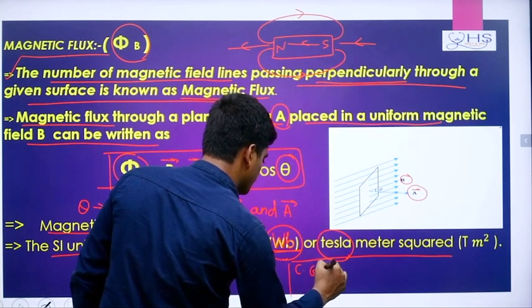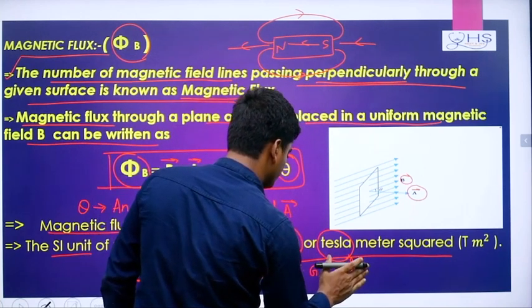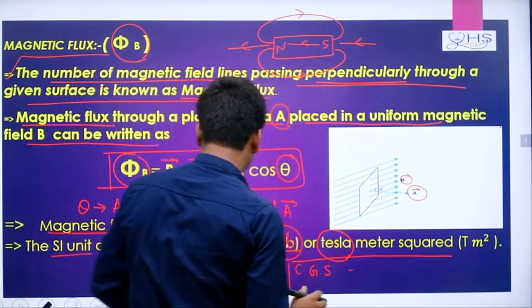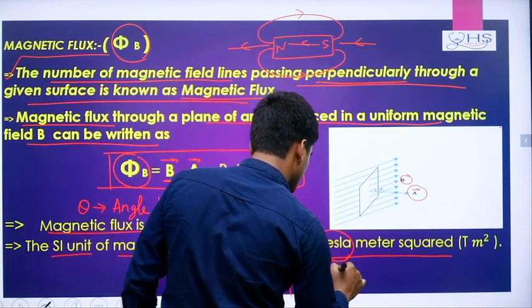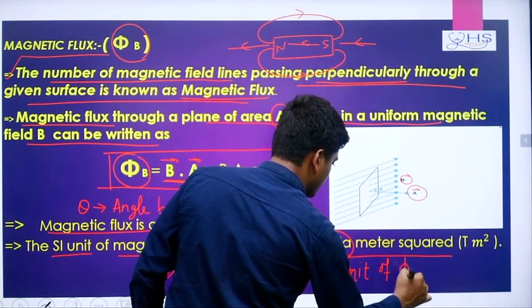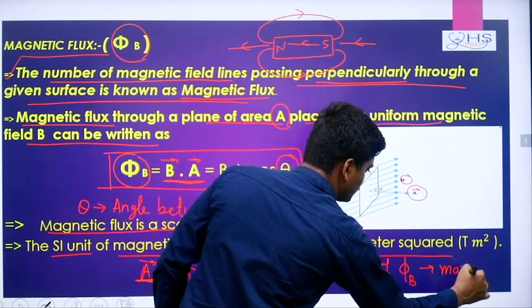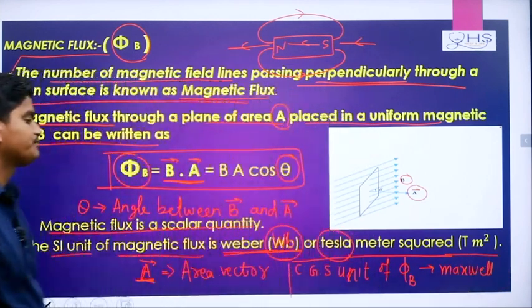Apart from this SI unit, magnetic flux also has a CGS unit. What is the CGS unit of magnetic flux? The CGS unit of magnetic flux is Maxwell. Remember this.